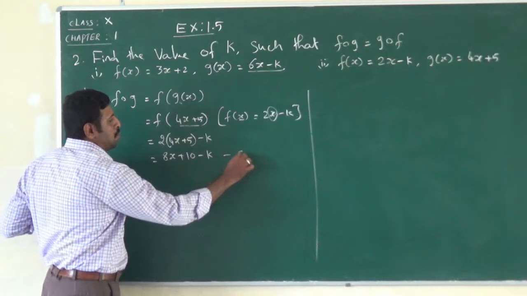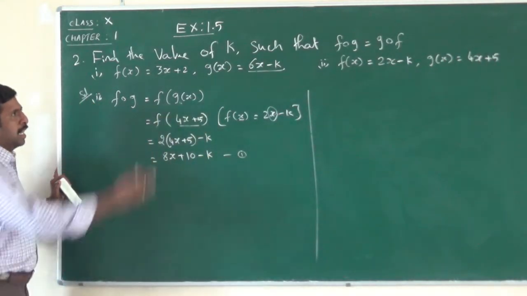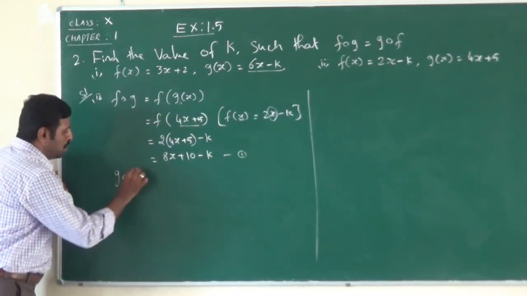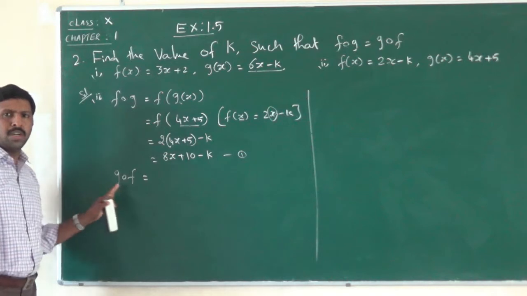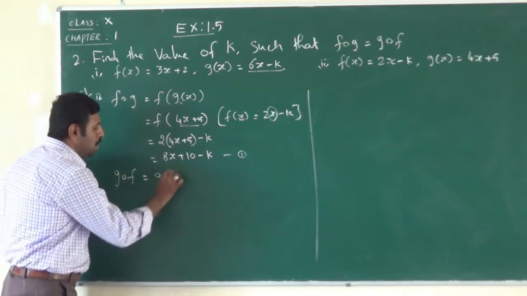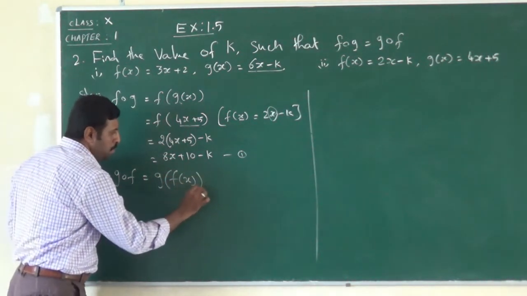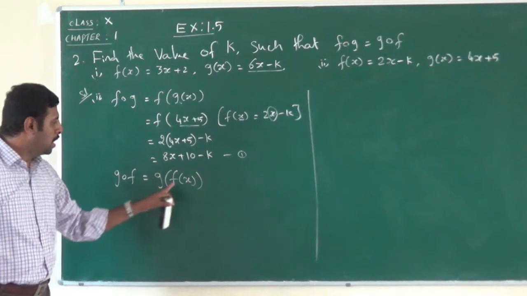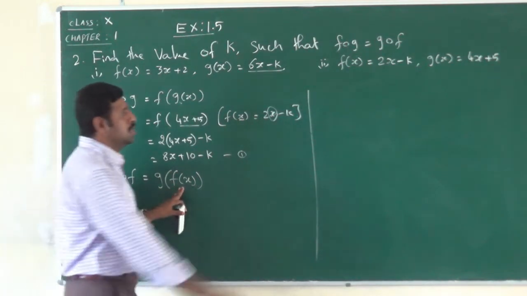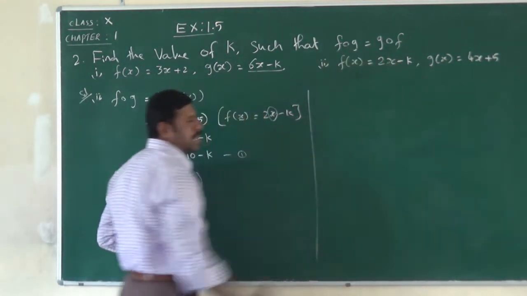Let me take it as equation number 1, the LHS. Next, g composition of f means g of f of x. Now the f of x value is 2x minus k.